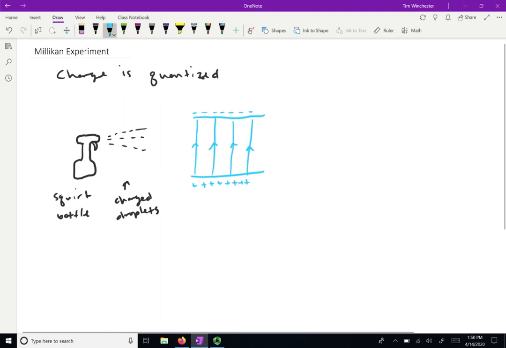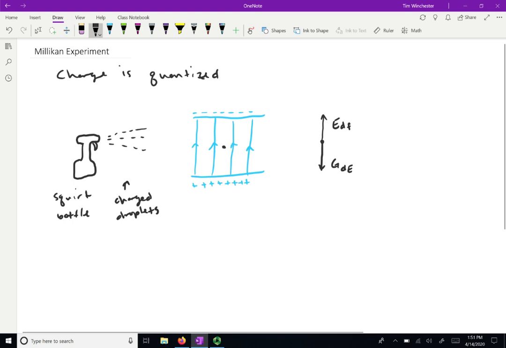If you have some of these charged droplets inside this electric field, then you'll get a gravitational force on the droplet by the Earth, and you're going to have an electric force on the droplet by the field.